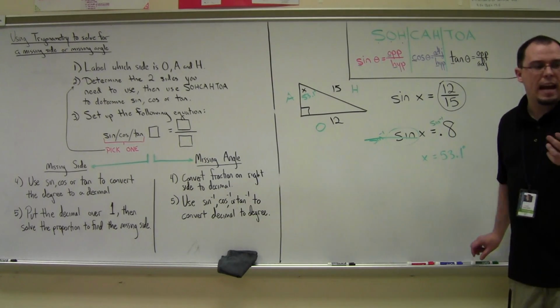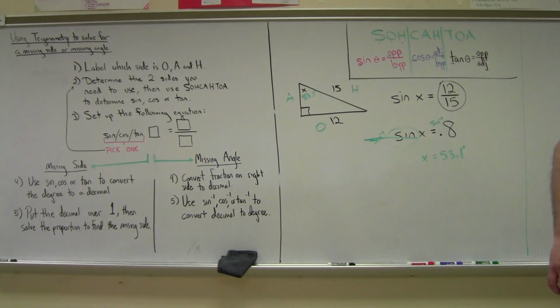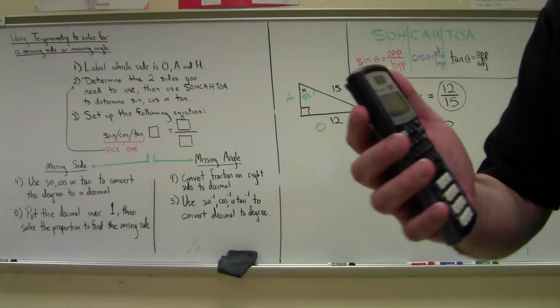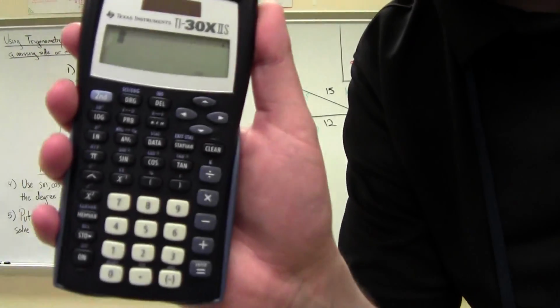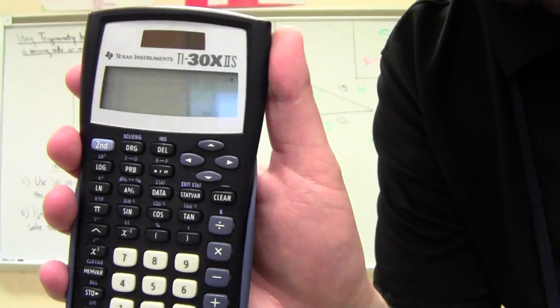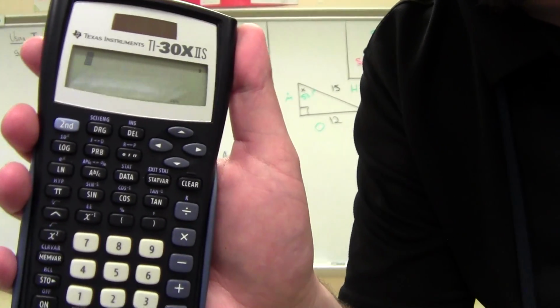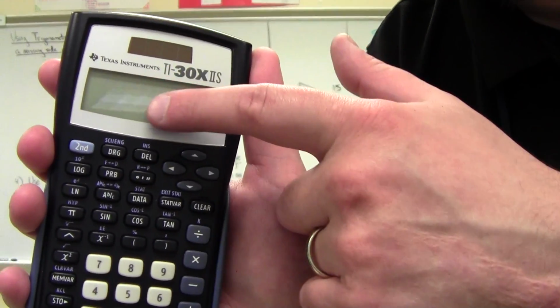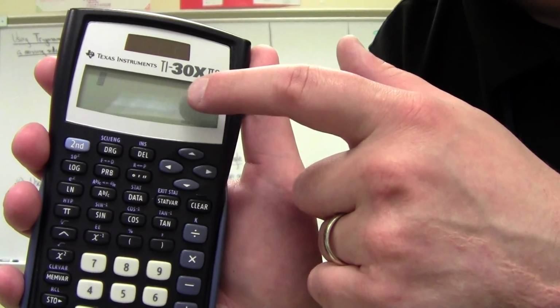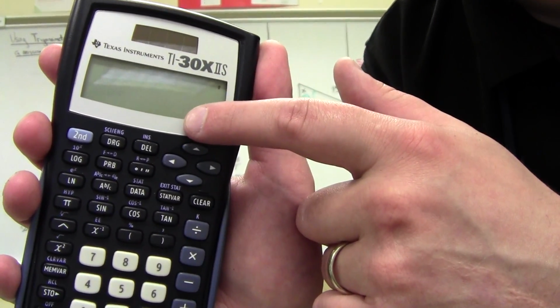Now let's say you don't have that calculator. Here's another one you might have, also a TI-30, but a different kind. Sorry, a little bit of glare. Okay, you'll notice on this one there are two lines of text. There's a line where you're going to be typing, and then it gives you an answer right below.